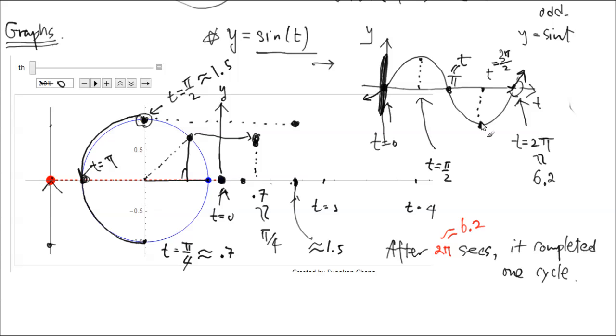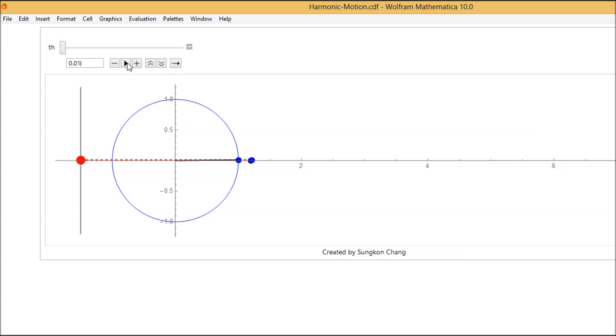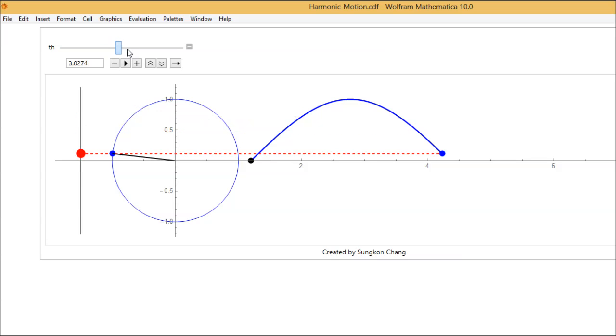All right? So I'm going to show you this animation finally. Now, I want you to see this dotted line. Do you see the connection of the dotted line? That dotted line is translating the vertical height over here to the graph of y equals sine t that we're about to look at. So that goes like this.